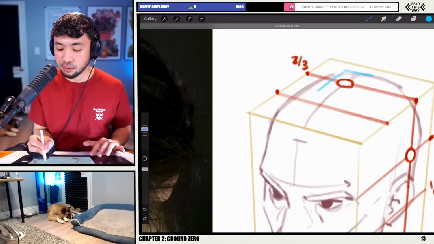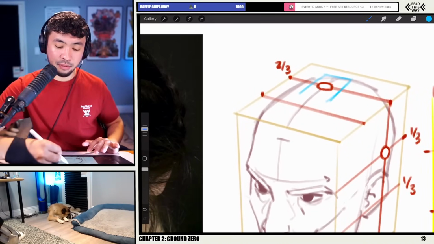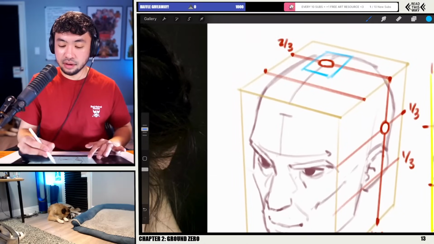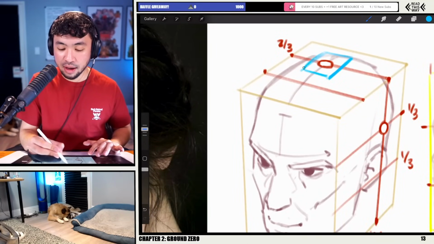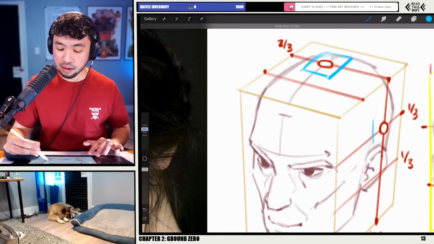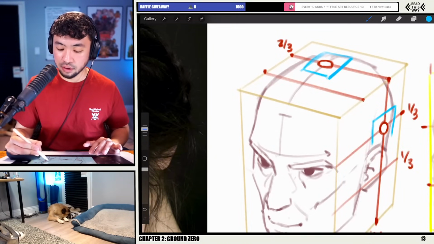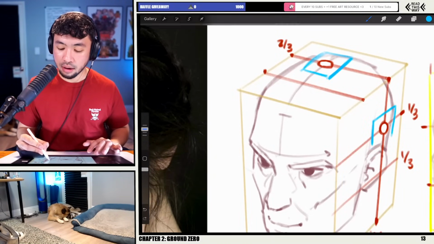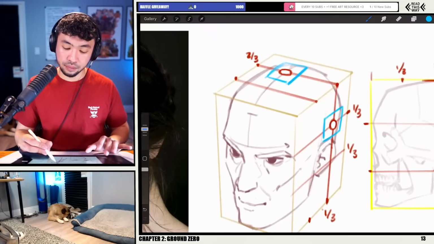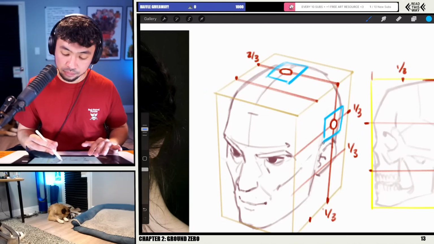So if you guys are ever wondering, what the heck, Kaycem, how do I establish perspective? Basically these points, the top of the head right here and this right here, are relatively flat, and so you can use these as good landmarks for establishing perspective on your characters. Okay, let me go like this a little bit more.